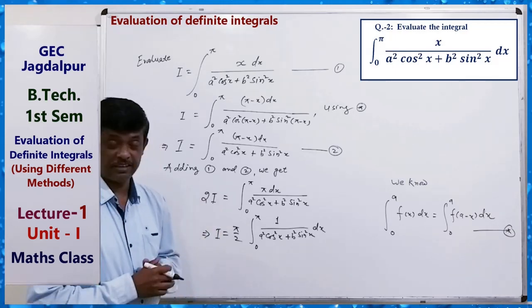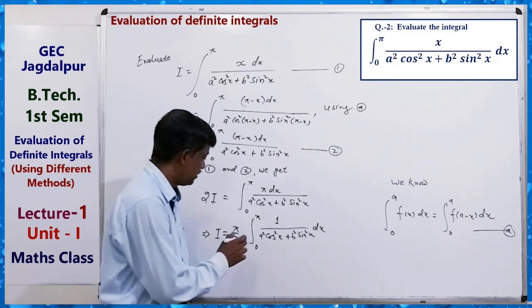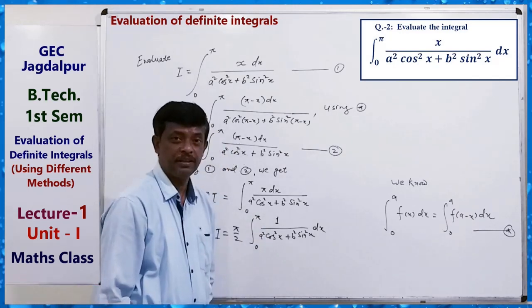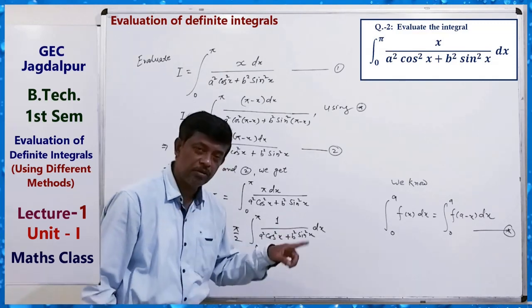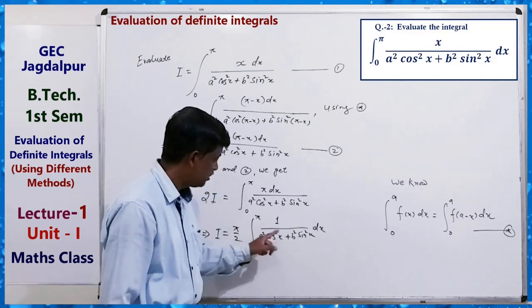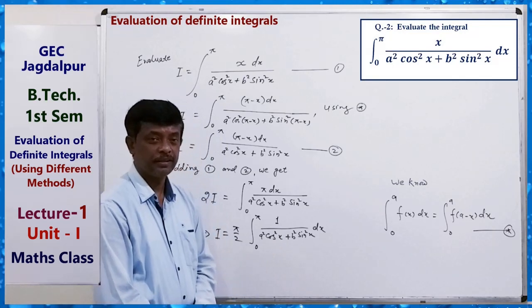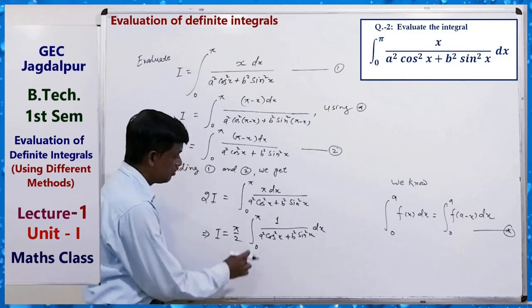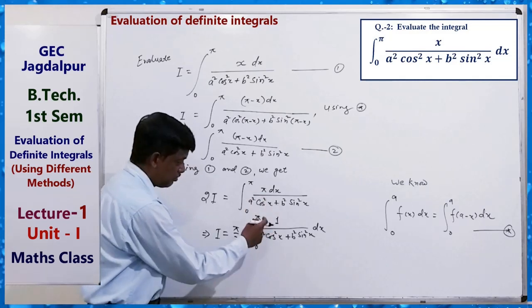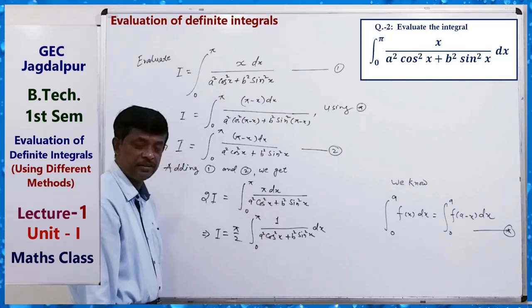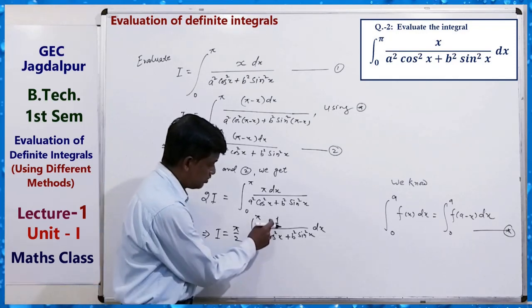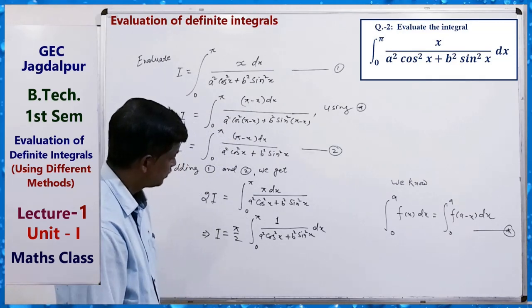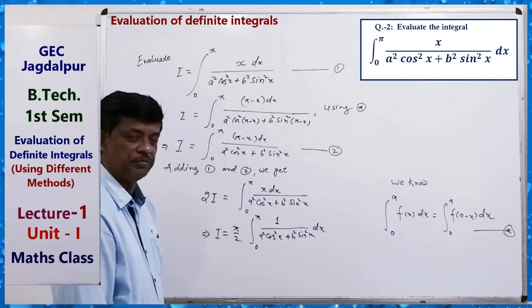Here, one thing is that this is an interval of pi. If we convert it either in cos or in tan, then for applying the limit there will be some problem, I think.